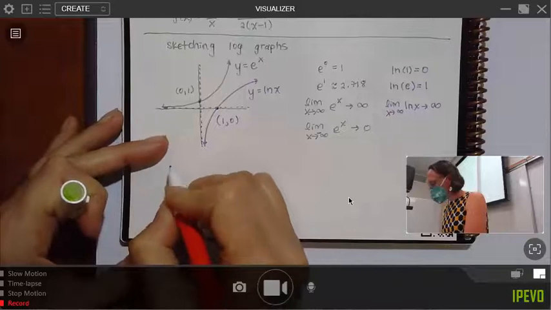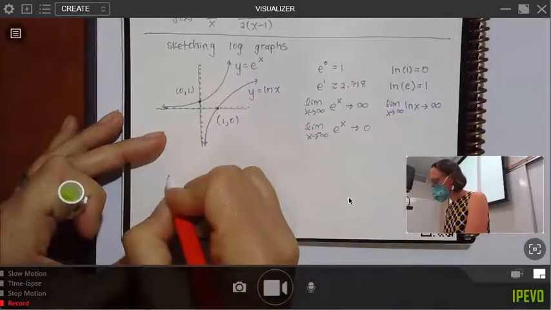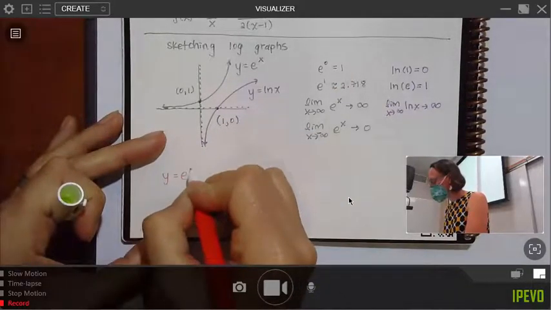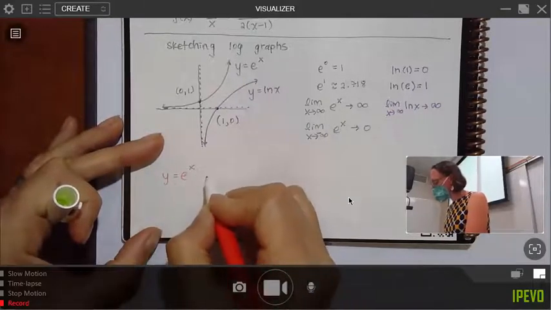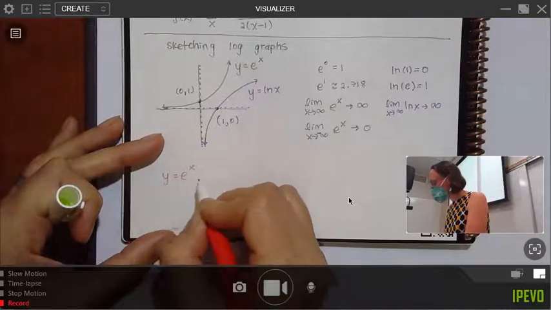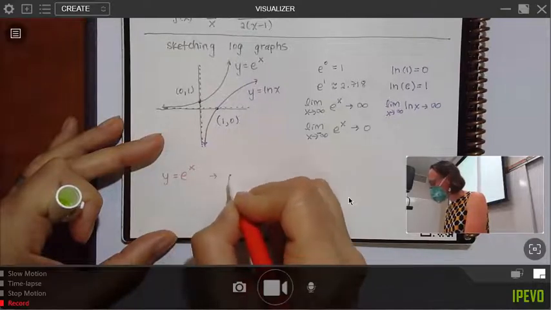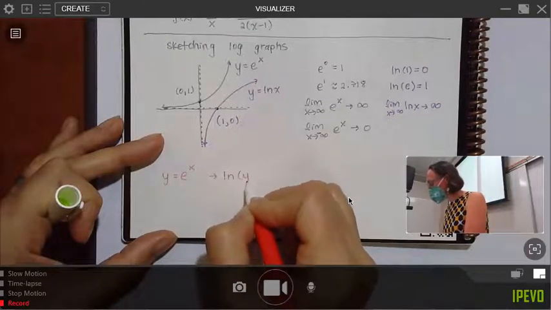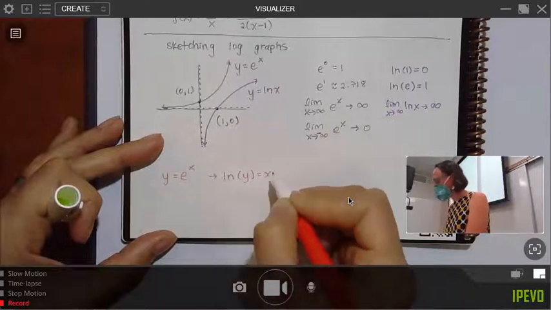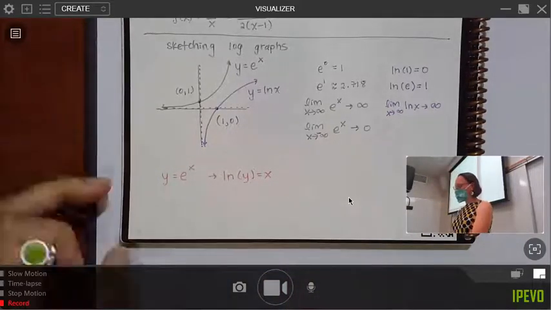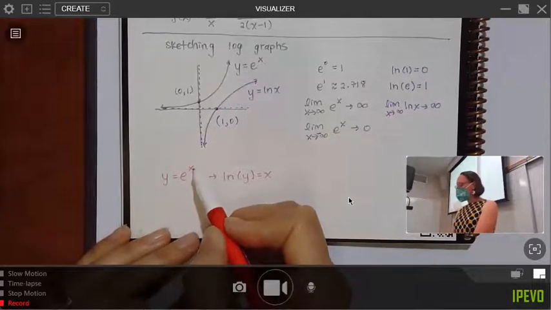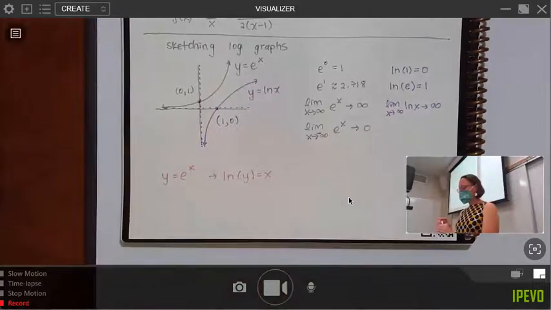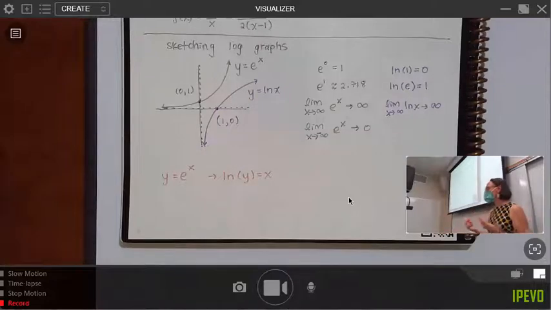Let me just think about y equals e to the x, versus if I rearrange this to say natural log of y is equal to x. For that e to the x function, no matter what we put up there for the exponent, the answer is always a positive number.